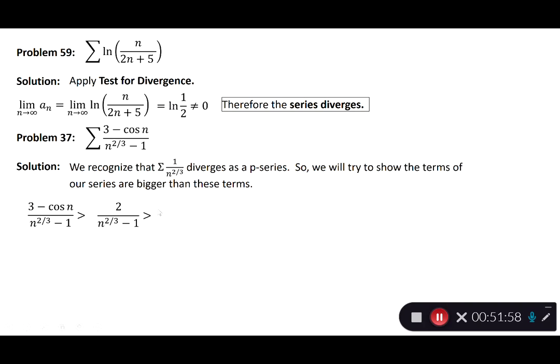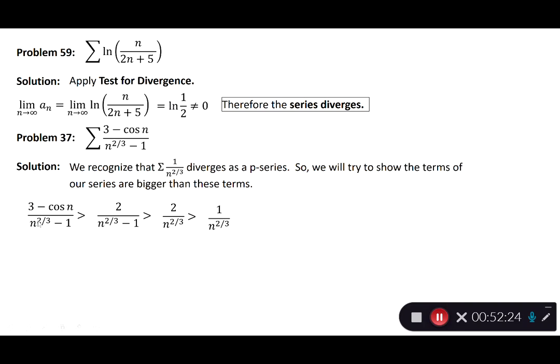Right? So this is definitely greater than 2 over n to the 2/3, because this denominator is smaller than this denominator and the tops are the same. So this fraction is bigger than this fraction. Now, can I claim because 2 is greater than 1, this quantity should be greater than 1 over n to the 2/3?